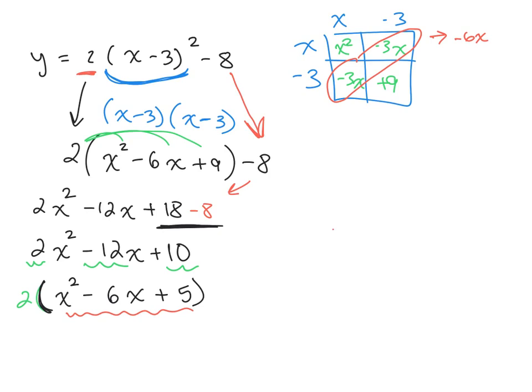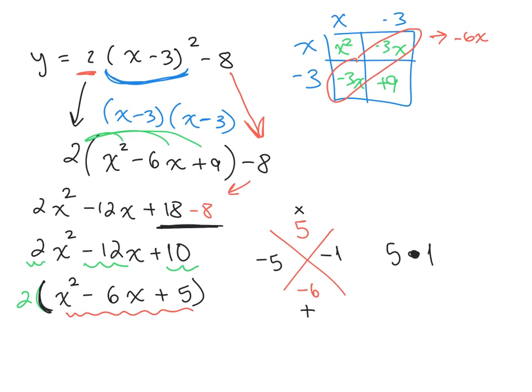Okay, and now we have a new trinomial, x squared minus 6x plus 5. So we're going to factor that trinomial. We're going to use the diamond puzzle. So we have 5 as our product, negative 6 as our sum. So we're looking for 2 numbers that multiply to 5 and add to negative 6. 5 is a prime number, so the only things that multiply to 5 are 5 and 1. But if you want 5 and 1 to add to a negative 6, it has to be negative 5 and negative 1.